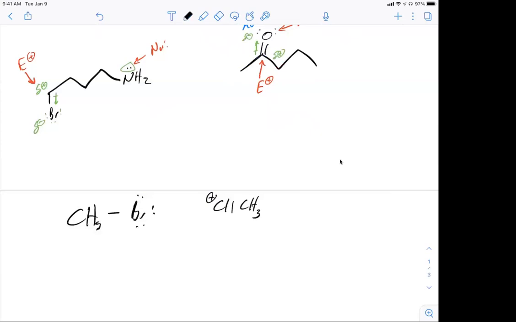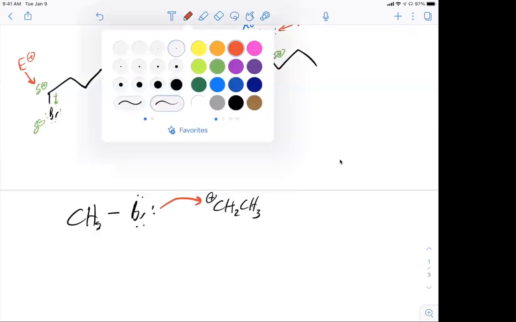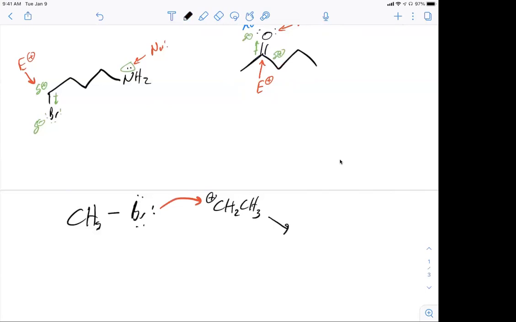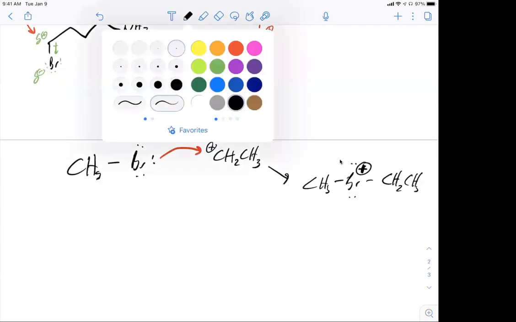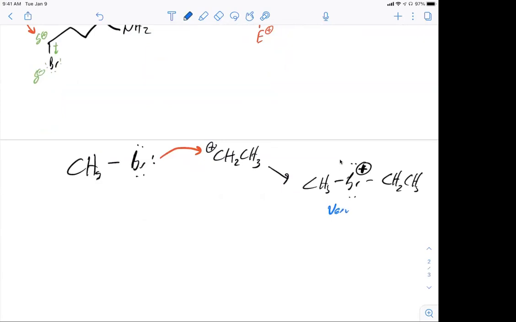So this carbocation would be a strong electrophile. If we look and see if this lone pair reacted, right? So I'm giving my electrons to that, what I end up with is this species, with the positive on the halide, right? This is very unstable.